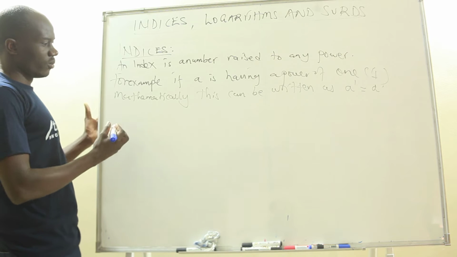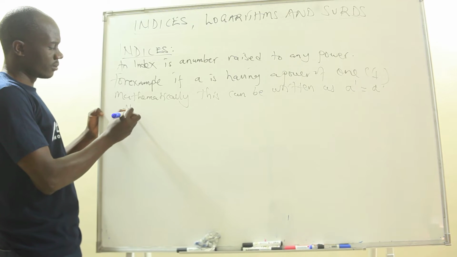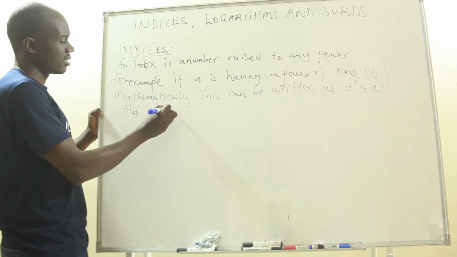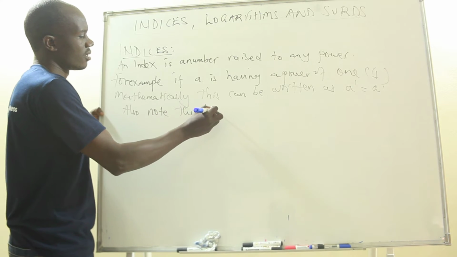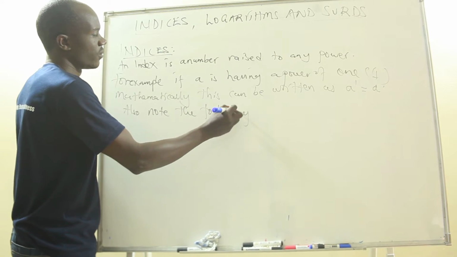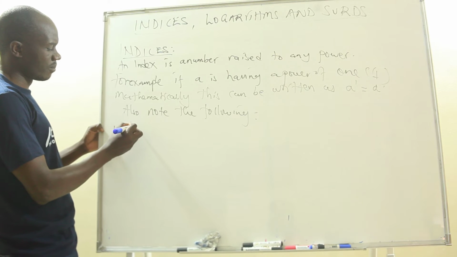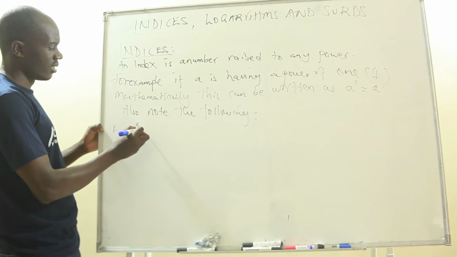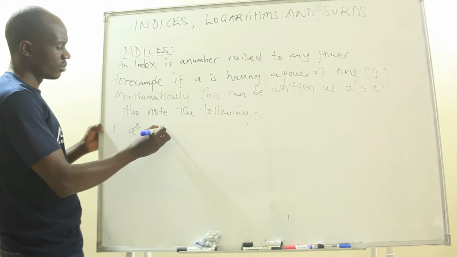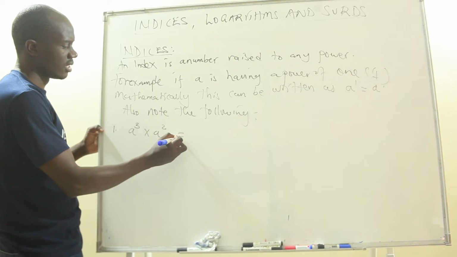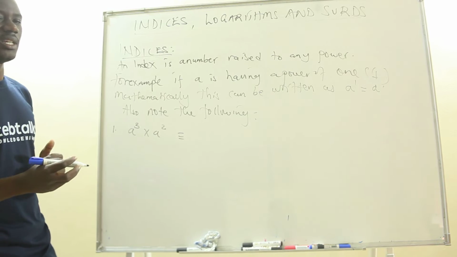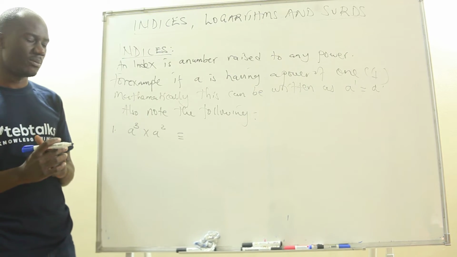As we are moving on, also note the following. Number 1, if I say a power 3 times a power 2, this is the same as what? A power 3 means a is appearing how many times? 3 times.